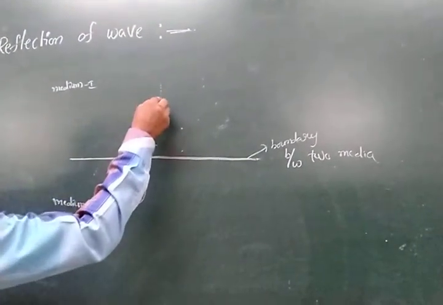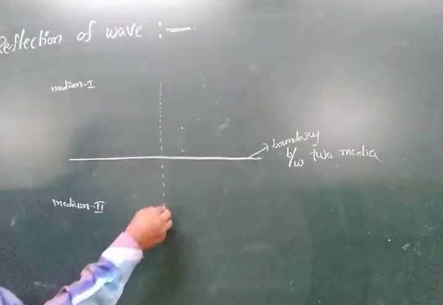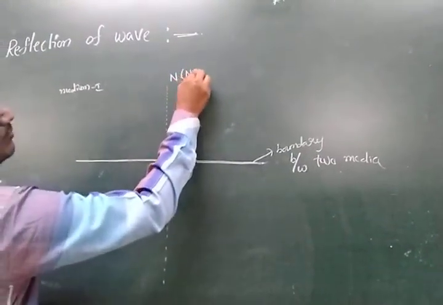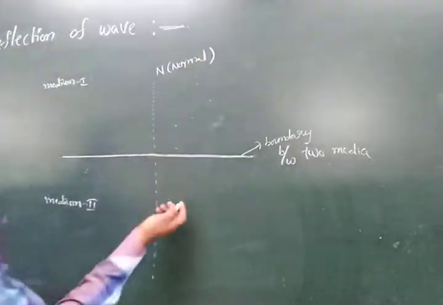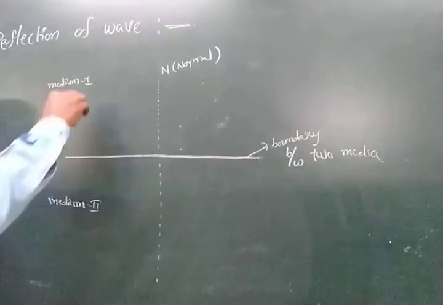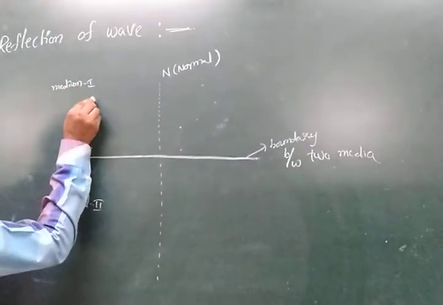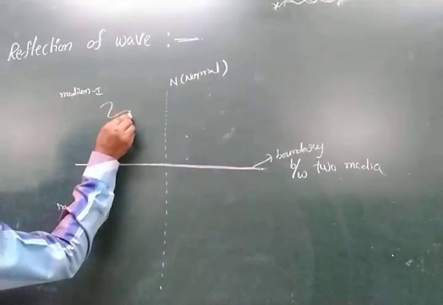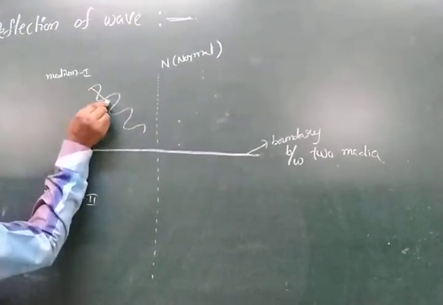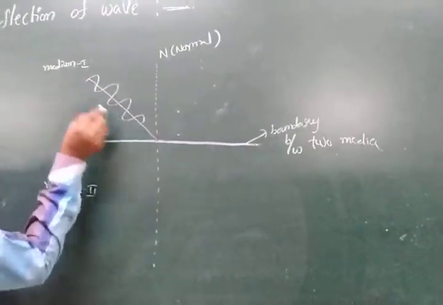Now we consider this as the normal. N is nothing but the normal, which is the perpendicular to the plane boundary. Now we consider a wave, which is called the incident wave.